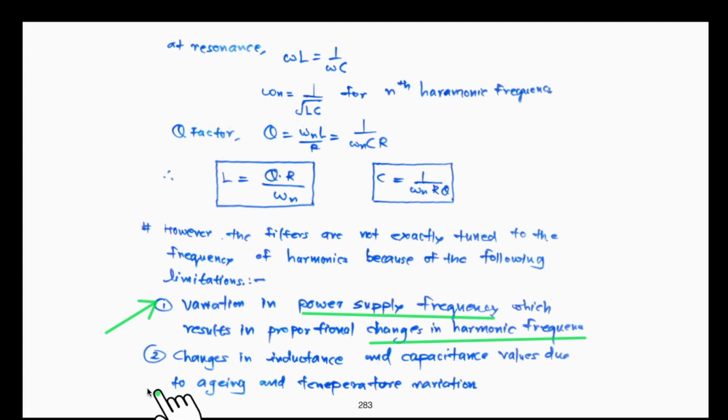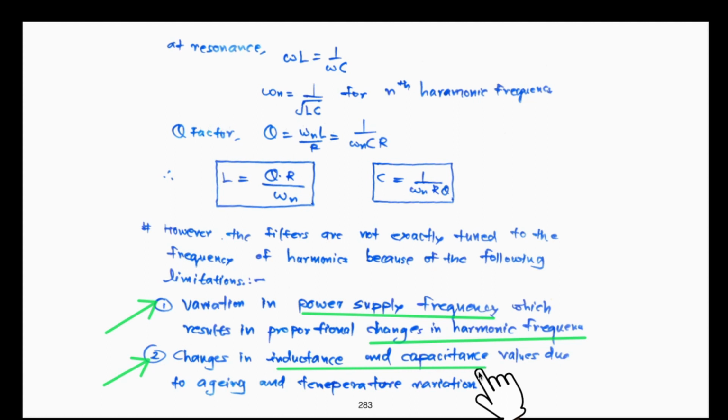The second impact is due to changes in the values of inductance and capacitance themselves, due to aging and temperature variation. Over a period of time, due to temperature changes and aging, the insulation quality or the insulating medium inside may lose certain properties.